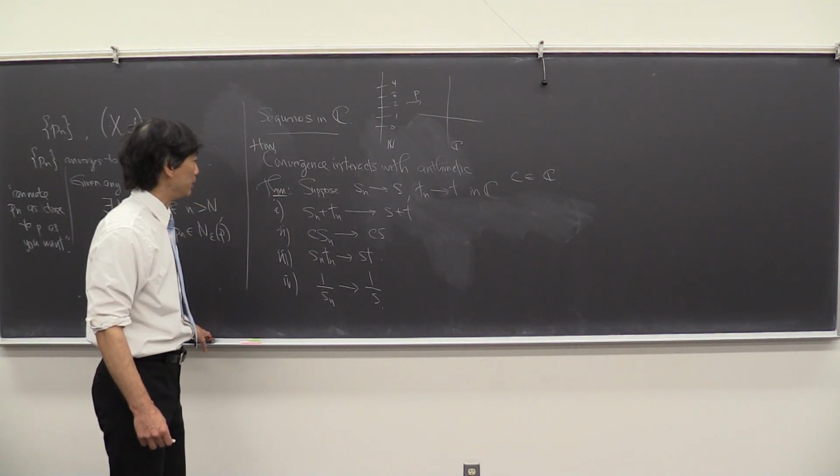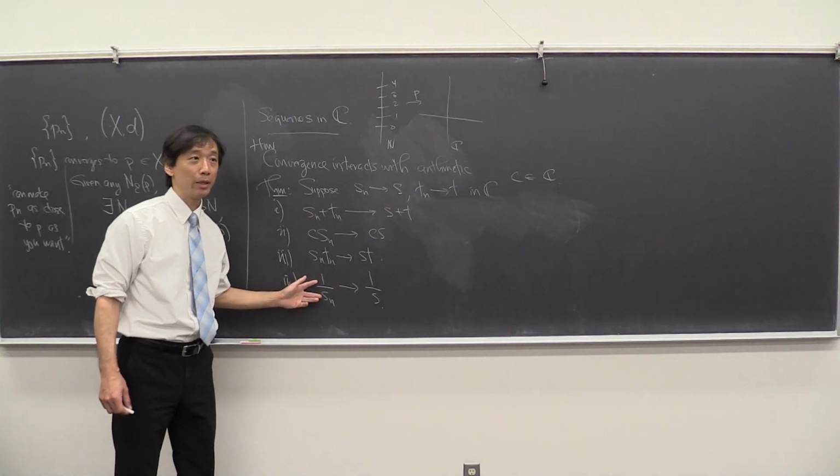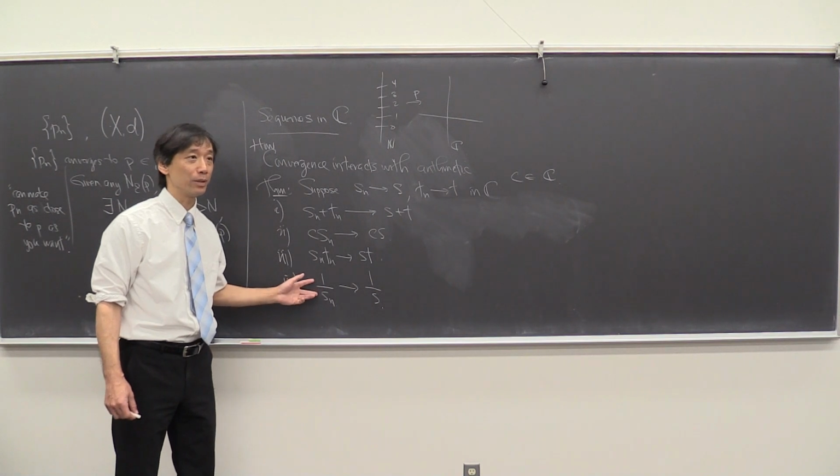Right, and right. So of course, if you have this sort of thing, then that gives you that the limit of a quotient is the quotient of the limits, right?